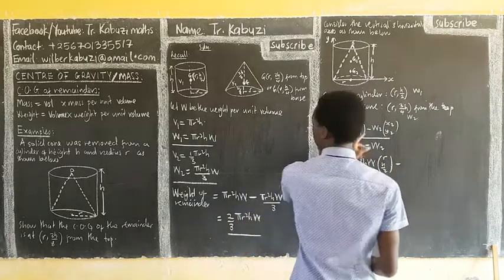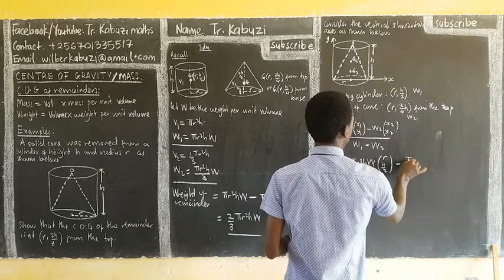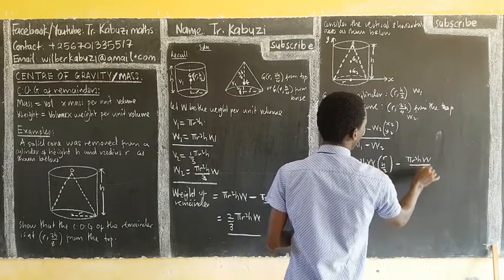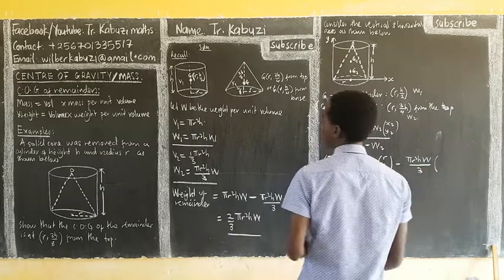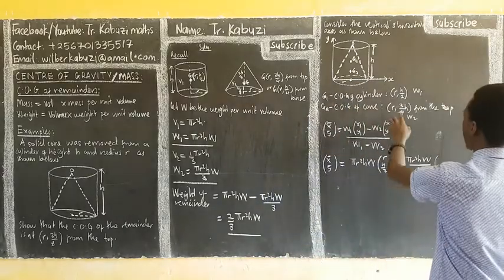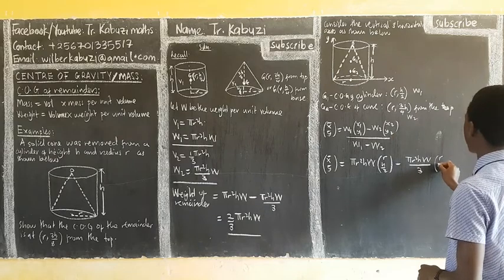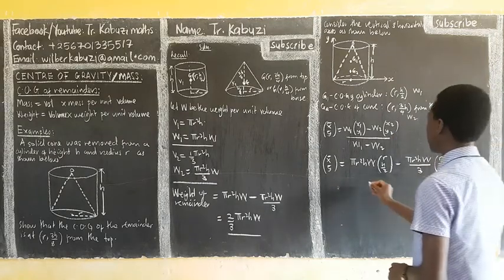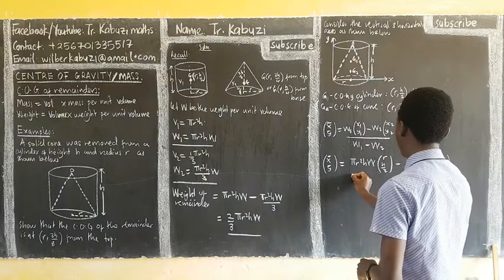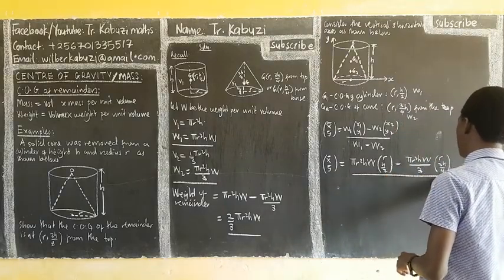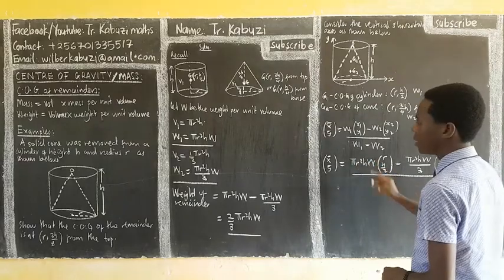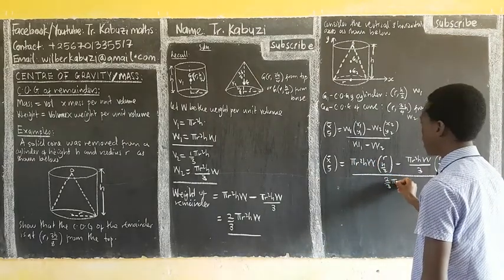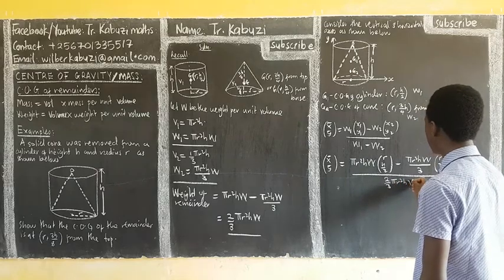Then minus weight 2, which is pi r squared h w over 3, acting at r, 3h over 4. When you subtract these two, we get 2 over 3 pi r squared h w.